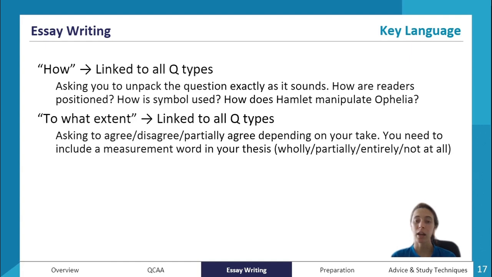It's about your opinion, and then it's about being able to back up that opinion with your evidence. And you need to include the measurement kind of word in your thesis to indicate that idea of to what extent. You need to respond directly to that with that level of agreement, if you will.